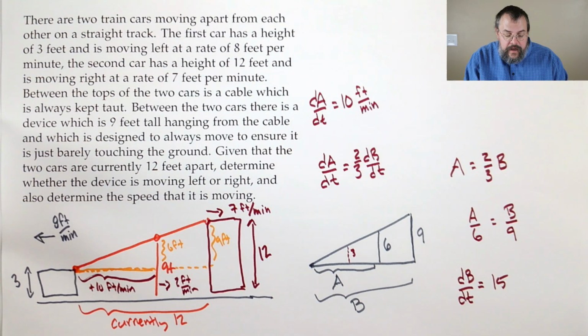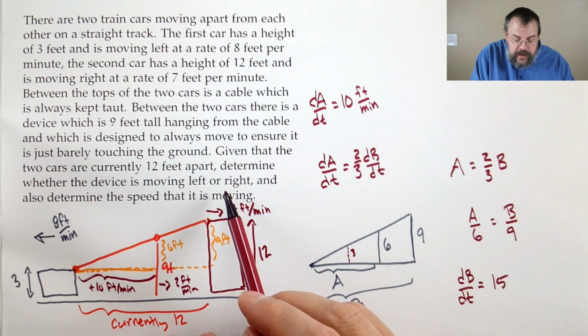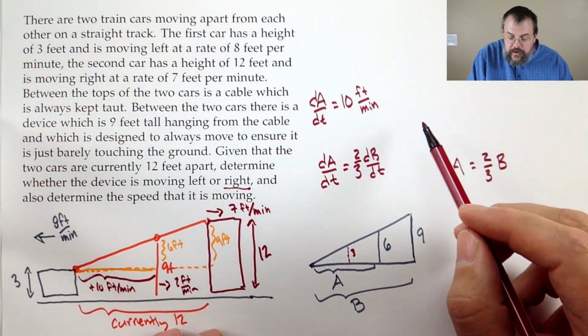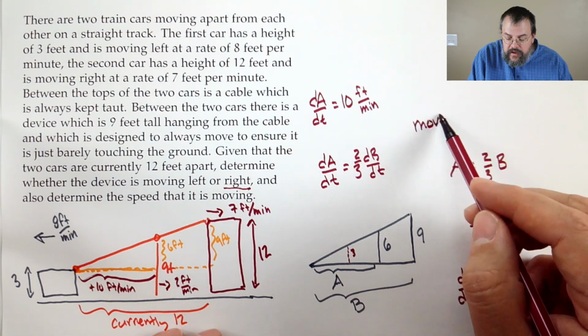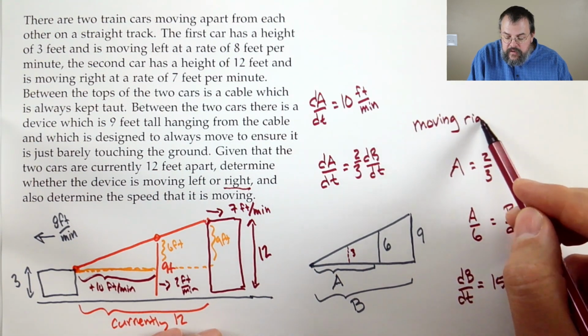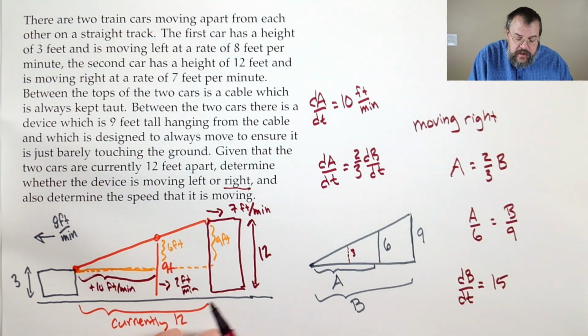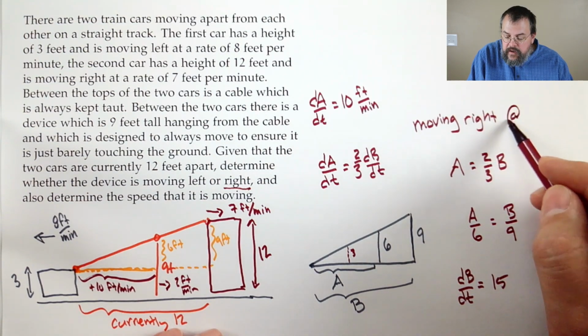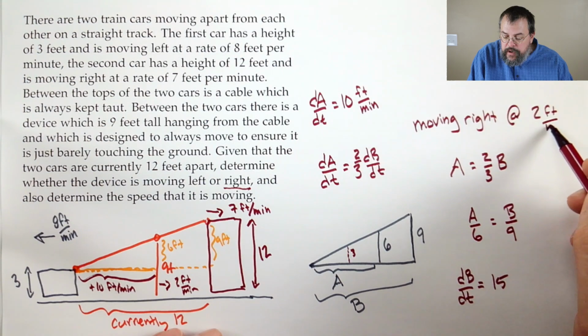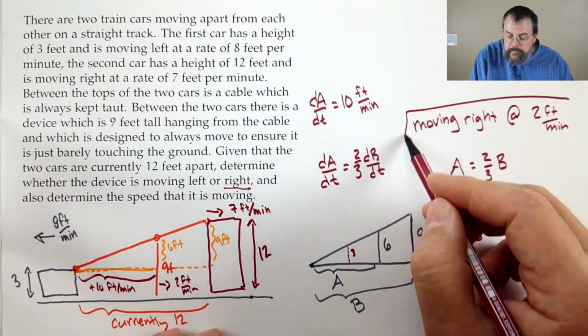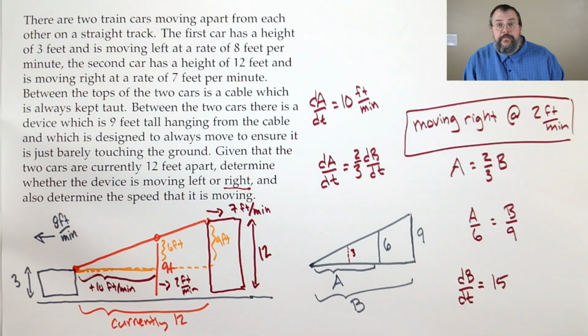So our answer, are we moving left or right? We are moving right, and we can say that our speed is 2 feet per minute. And there we go. All right, good.